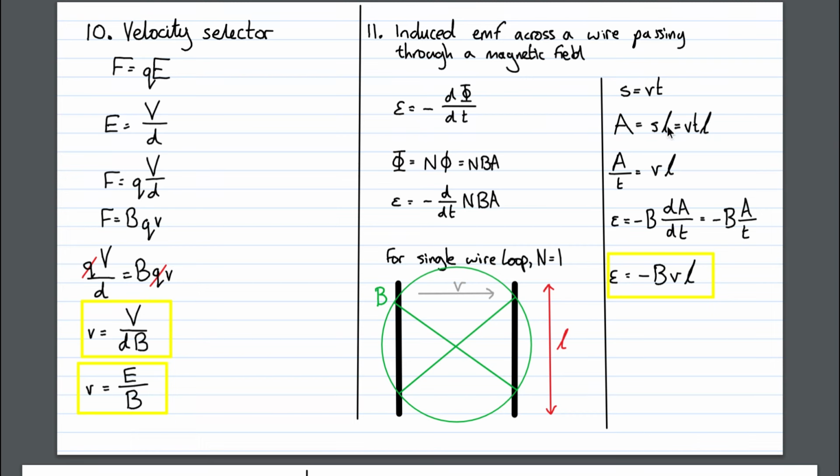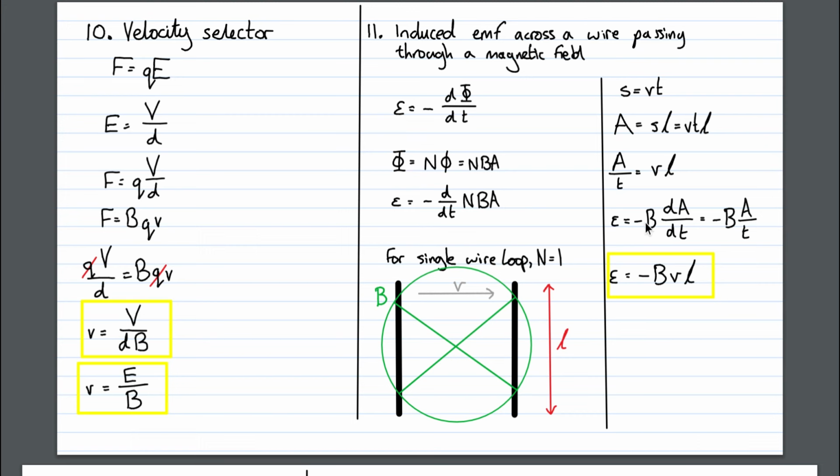So S multiplied by L, or substituting for S, vt multiplied by L. If I divide through by time, I get the area divided by the time it takes for the wire to move from this position to this position, in other words, the rate that the area is swept. That's equal to vL.